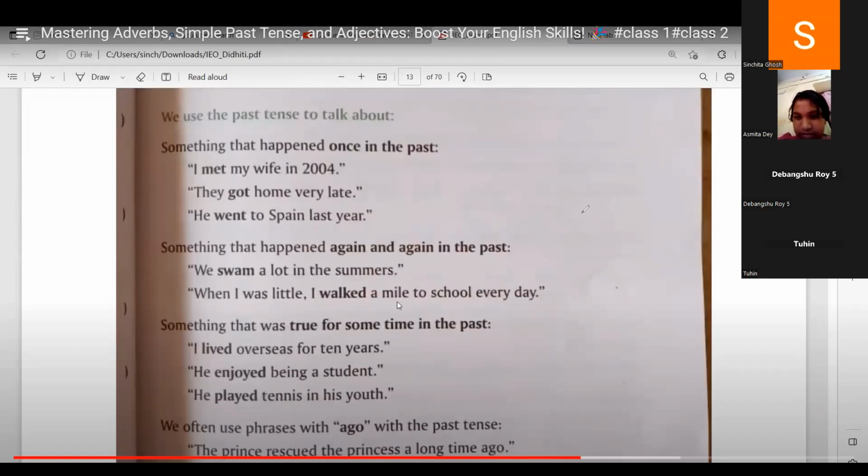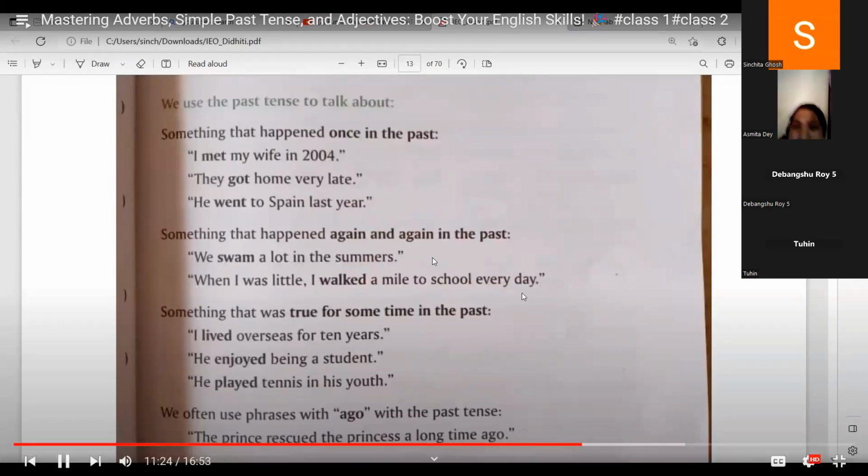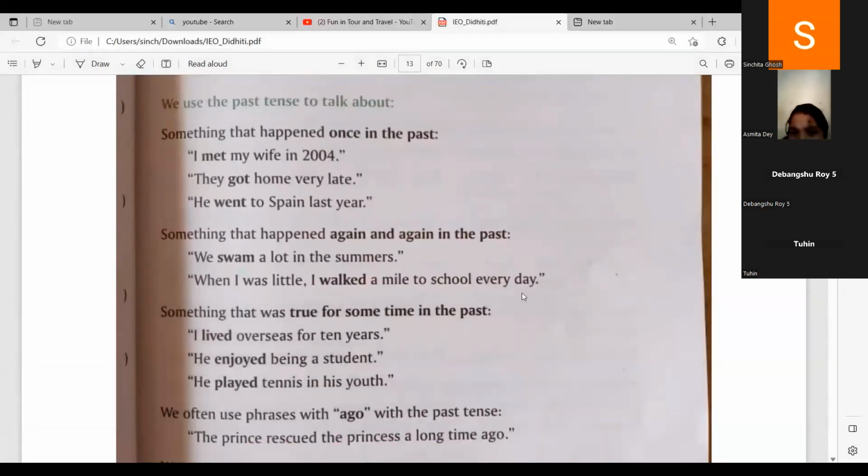Now, Ashmita, can you read the next part? Just a second, beta. I walked the mile to school every day. So what happened when I was small? I used to walk to the school every day. Something that was true for some time in the past. I lived overseas for 10 years.